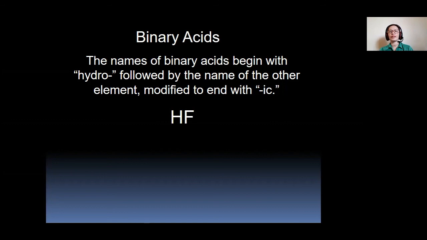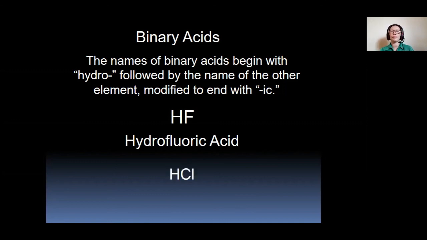Say for example, HF. This is a binary acid. Why binary? There are only two elements found in the formula, hydrogen and a non-metallic element. So hydro plus fluorine, but it's not hydrofluorine, but fluoric, and then add the word acid. So this is named as hydrofluoric acid.